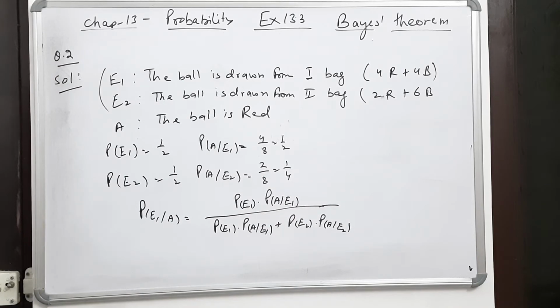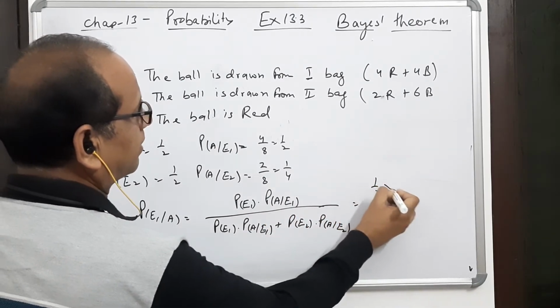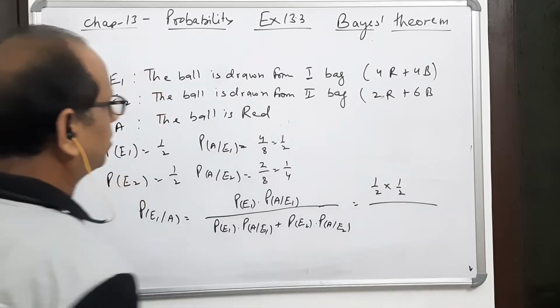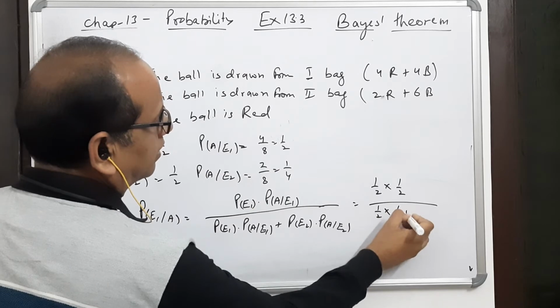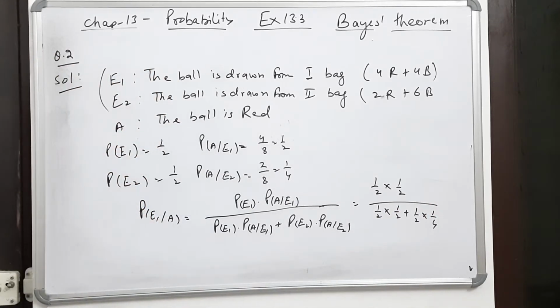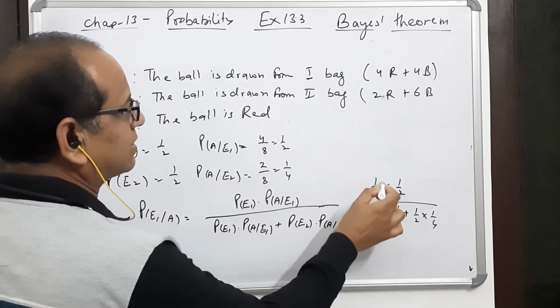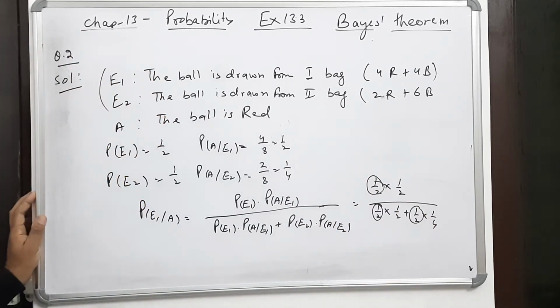So what is the required answer? Please see this now. The required answer is (1/2 × 1/2) upon (1/2 × 1/2 plus 1/2 × 1/4). This will be the answer for this particular sum. If you calculate, the best part is that the 1/2 is already cancelled.